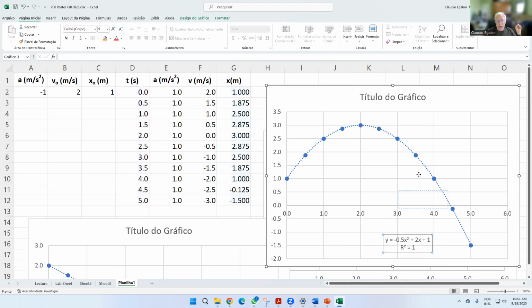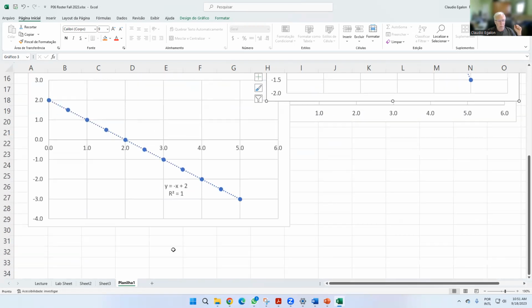And if Excel is behaving the way it's supposed to, it's going to update your equation and your graph every time you change anything here. So we did everything that we want to do for this example.